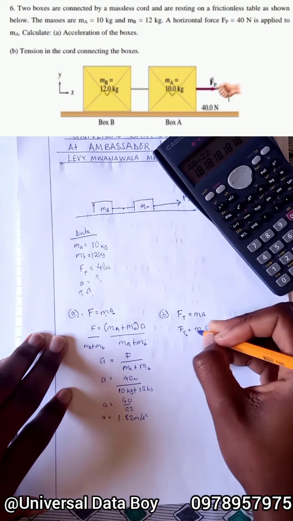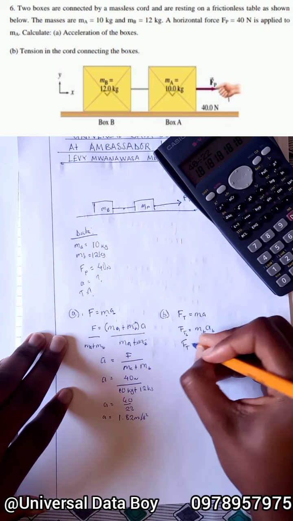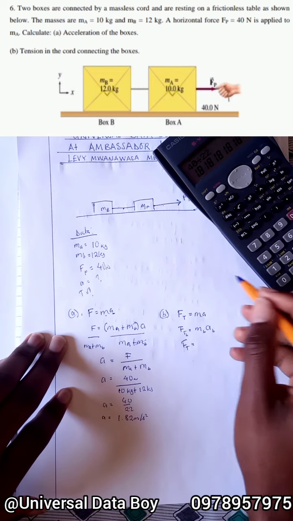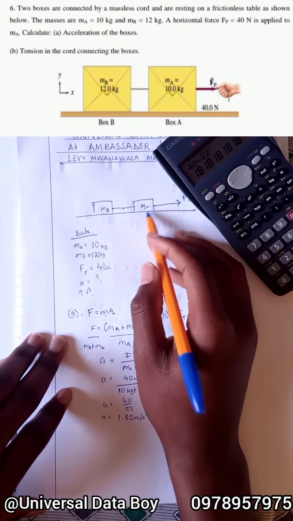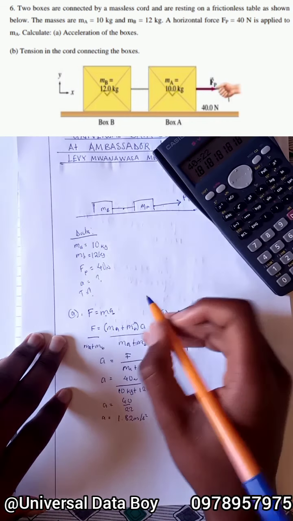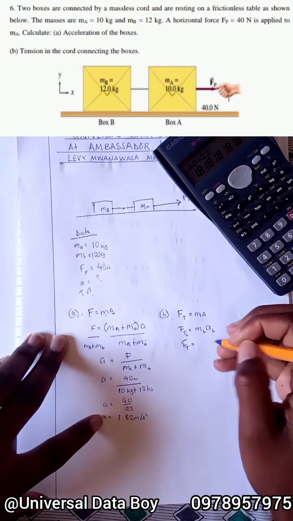right? The force tension of b. Now we have many subscripts, so the force tension is equal to mb. So now mb is this one. Now what's the acceleration of b? Now remember, these are together, so the acceleration of this one is actually the acceleration of this one. So this acceleration that we found can work also here because they both face the same acceleration.